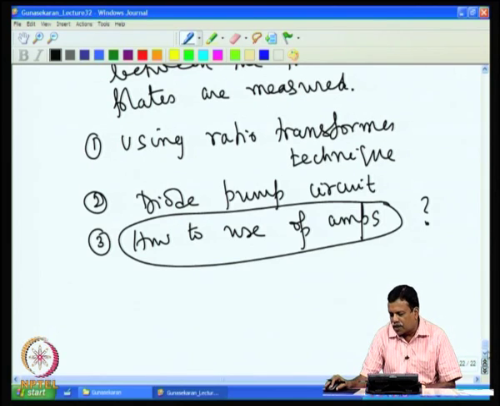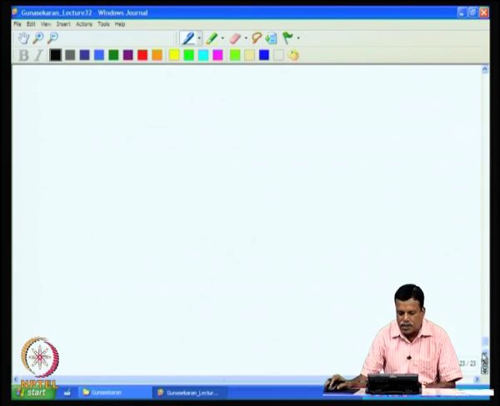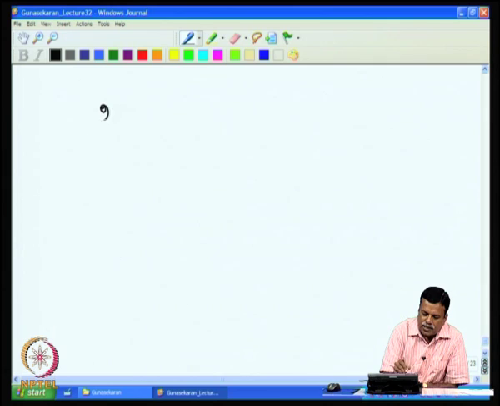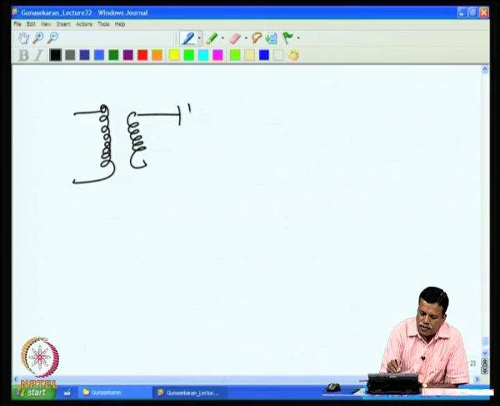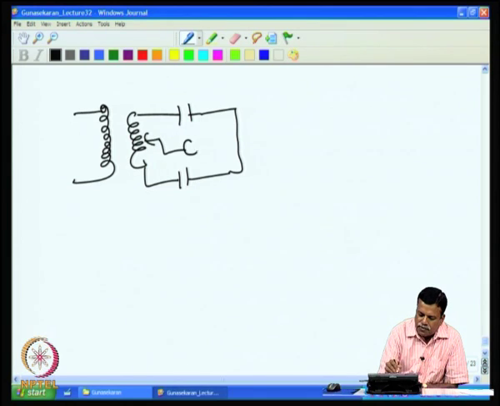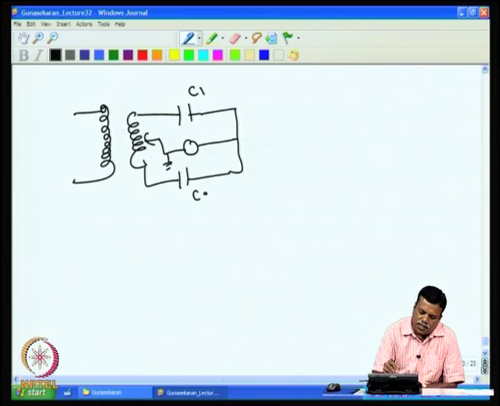If you recall our earlier technique, the ratio transformer technique, there we were able to measure the capacitance accurately, mainly because we were able to remove the ground capacitance. We had shown that you can have a detector here, with capacitances C1 and C2 and C reference, and this is energized with the AC source.